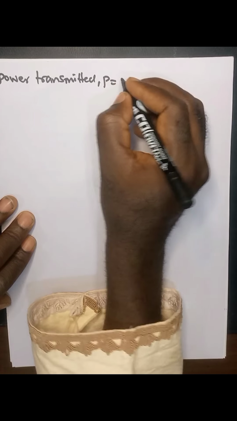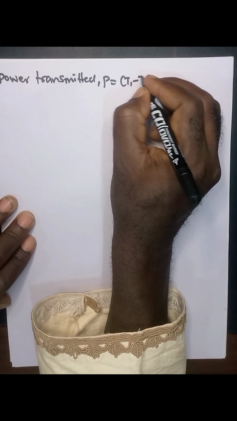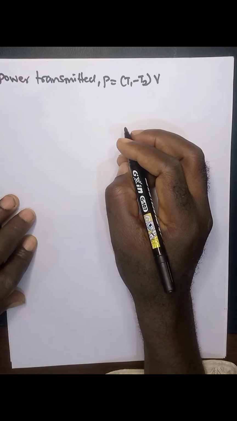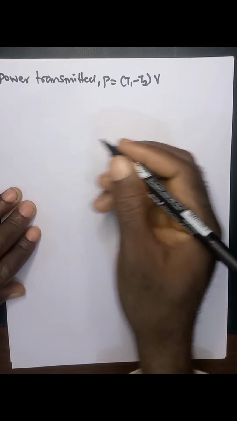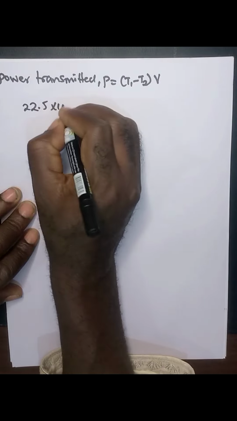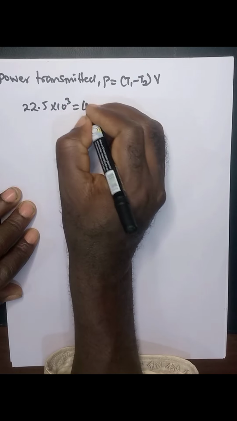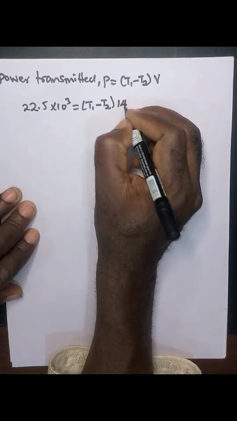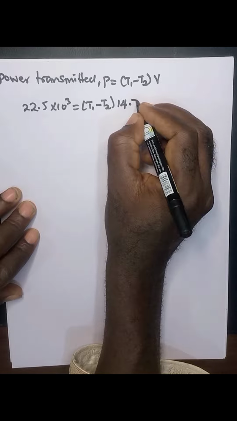Power transmitted P is given by T1 minus T2 multiplied by the velocity of the belt. Then from here, let us substitute. Power is 22.5 times 10 raised to the power 3 is equal to T1 minus T2 multiplied by the velocity, which is 14.7.